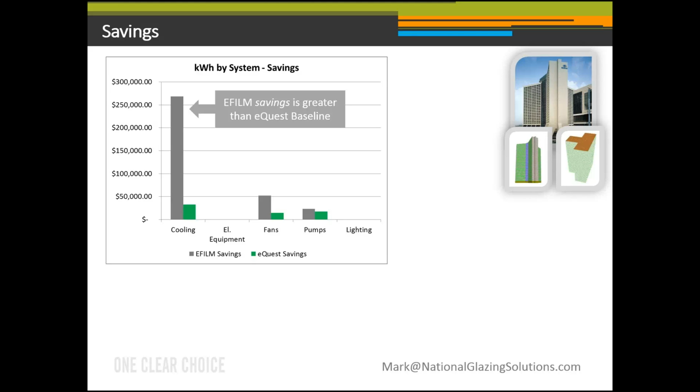One side note, because this is a graph of savings, you don't see a difference in electrical equipment or lighting. However, both eQuest and eFilm have the capabilities to address daylighting controls. So if we had daylighting controls installed, we would see a difference in lighting power. A couple examples.